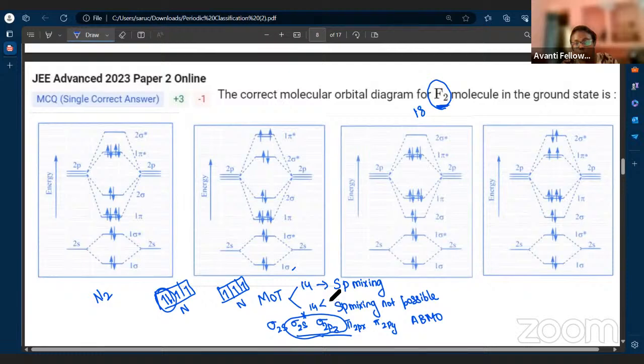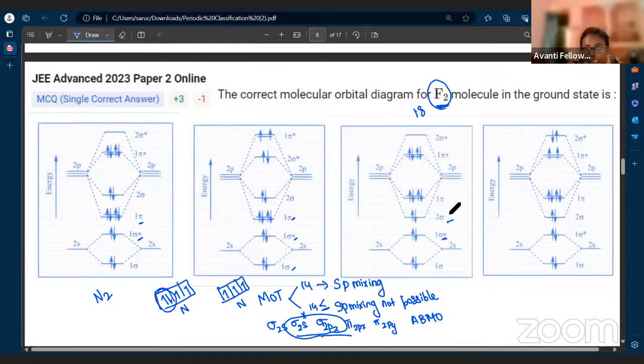So you have to check which option has the configuration for greater than 14. After sigma 2s, it should be sigma 2pz, not pi. So here, when you check over here, you have sigma pi. And when you check over here, it is also sigma pi. And here it is sigma, sigma.